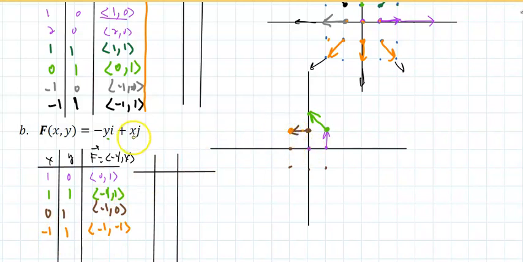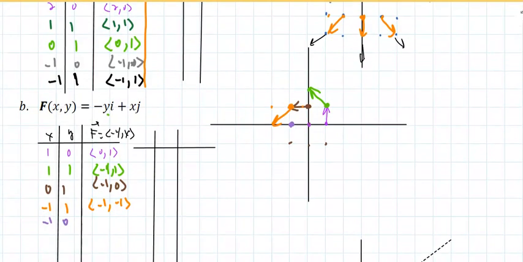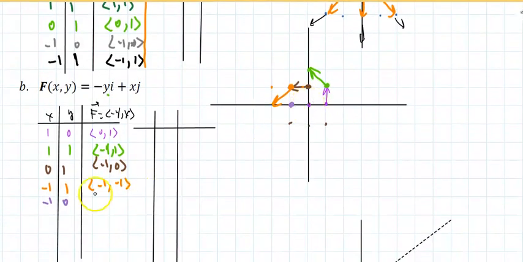The y and negative the x. So negative 1, negative 1. That seems they're circulating. Okay, how about the point negative 1, 0? If I went to negative 1, 0, then that's going to be 0, negative 1.